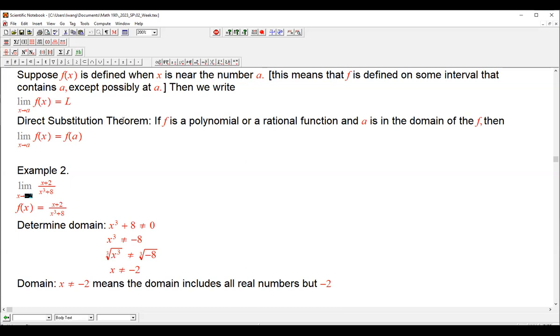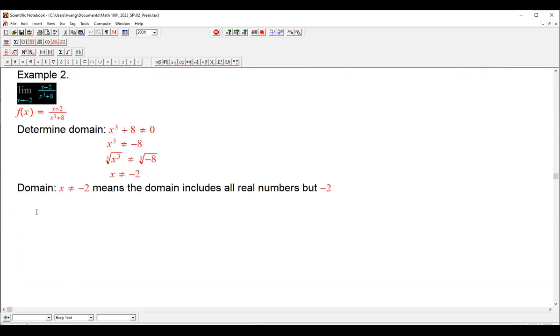By the definition of limit, it's okay that a is not in the domain, but the function is defined everywhere else. So f of x is defined near -2. So the question is, can we do some algebraic manipulation, like the factoring technique? Well, I think we can. x raised to the power 3.